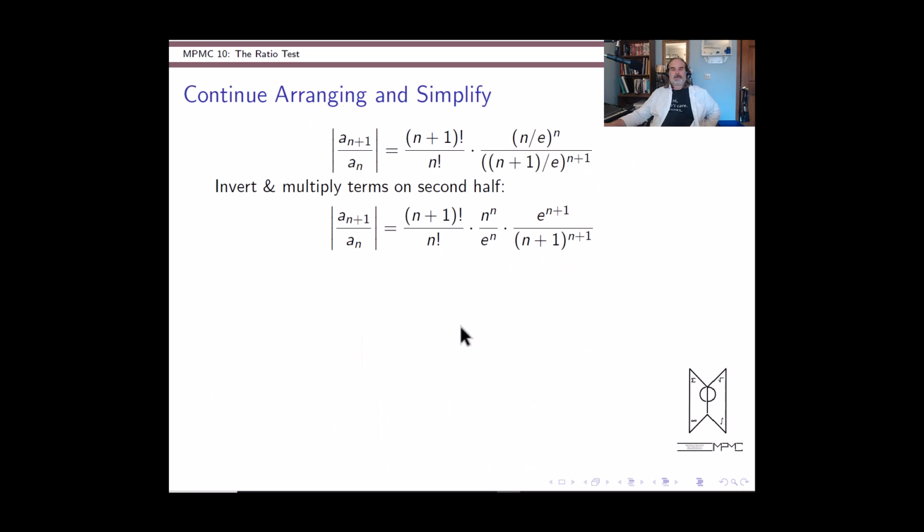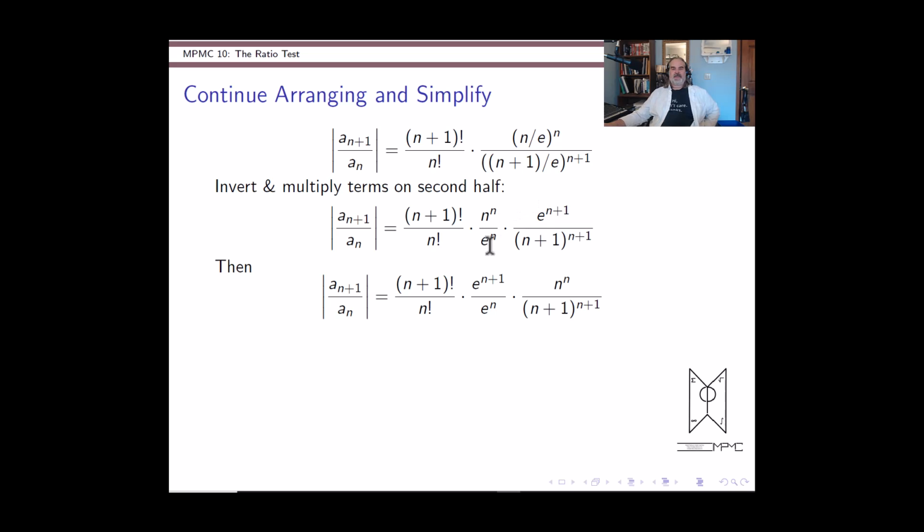Okay, now I'm going to clean this up a bit by doing another round of invert and multiply. So this n over e all raised to the n in the numerator, I've written out explicitly, and then I've taken what was the denominator and inverted and multiplied to get things all in a nice row and no more quotients within quotients. This is all just top level, bottom level. And then I'm going to group my things.